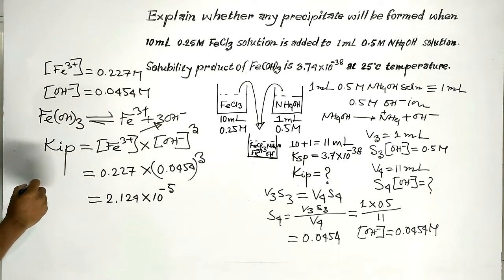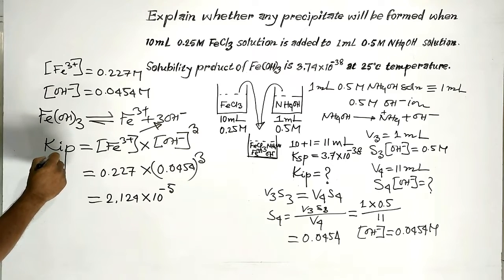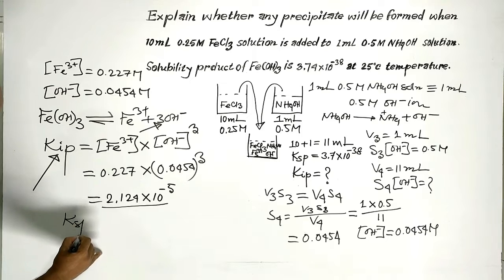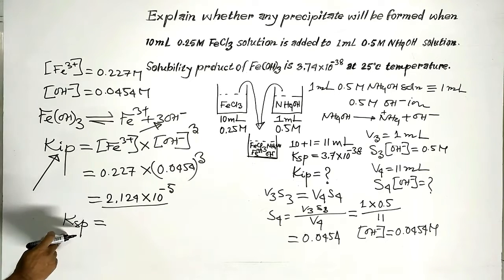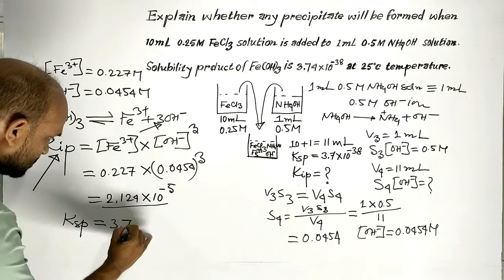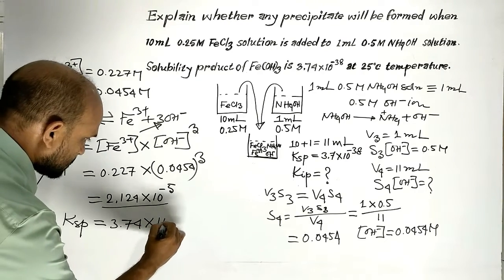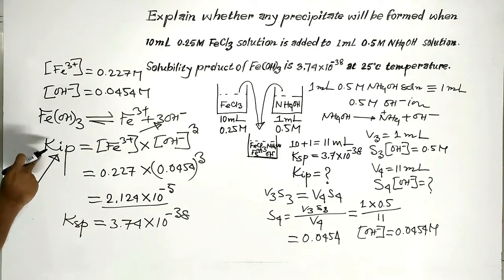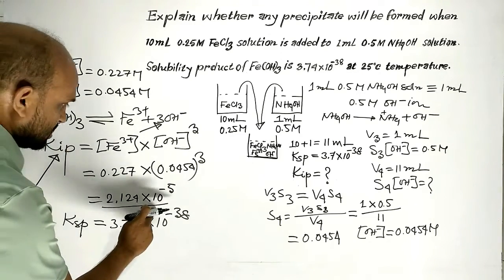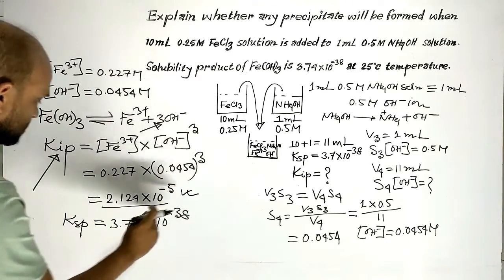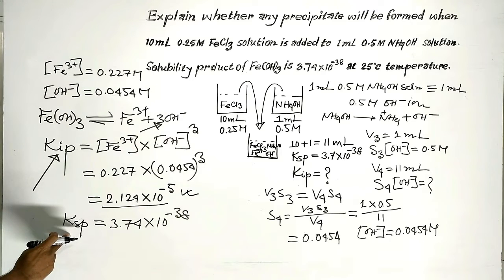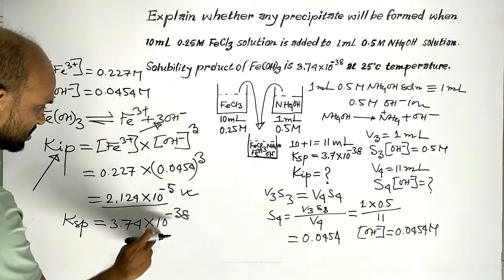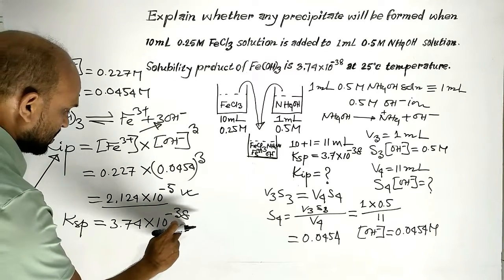So we got the ionic product of ferric hydroxide is this, and we know the solubility product of ferric hydroxide is 3.74 times 10 to the power minus 38. So the ionic product of ferric hydroxide is bigger than the solubility product of ferric hydroxide. This is 10 to the power minus 5, but this is 10 to the power minus 38.